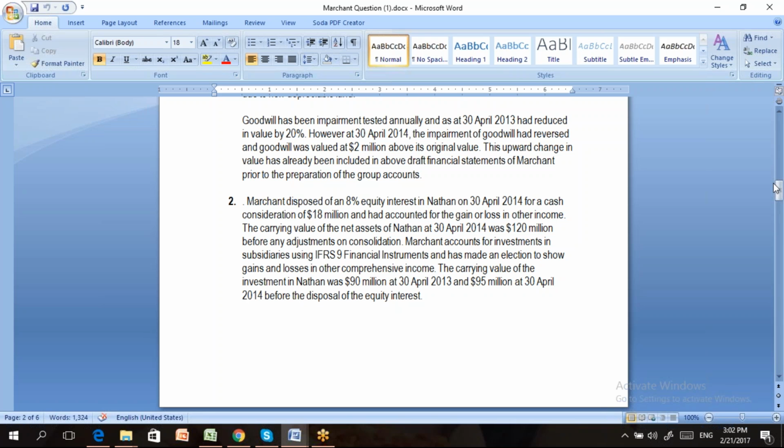So this 5 million they have included surely under revaluation reserve. So your 10 should get reduced by 5. Not easy to think in the exam, no? 10 you must get reduced by 5 immediately.